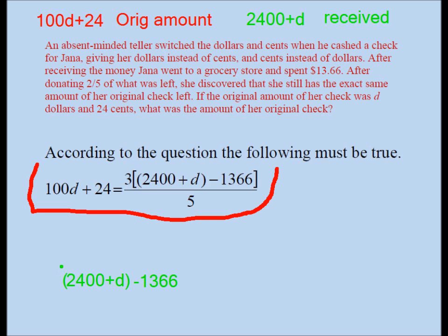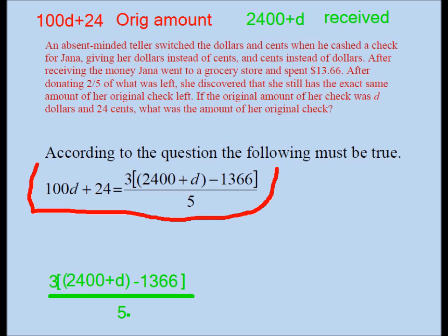So we have to be very careful here. She was left with 3/5 of this amount.